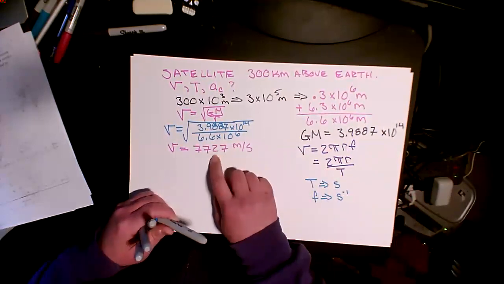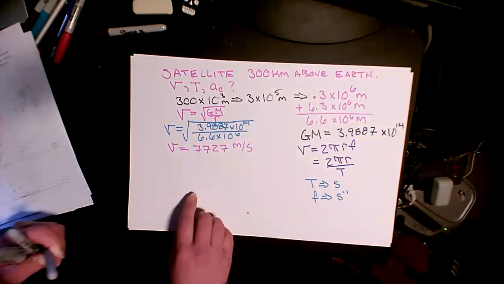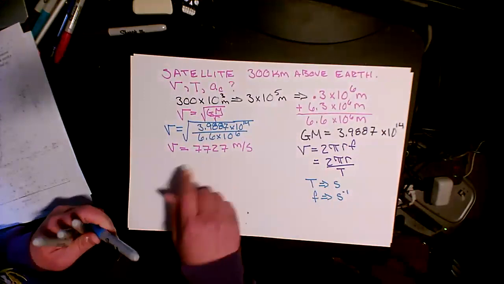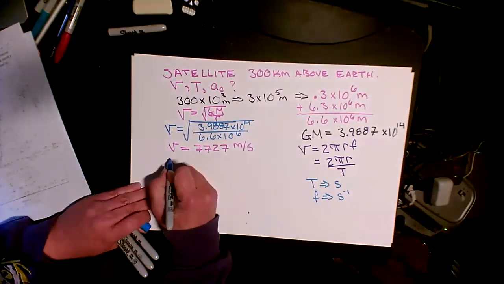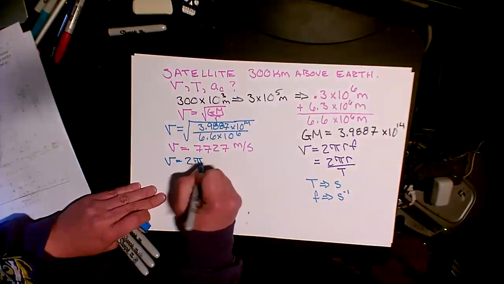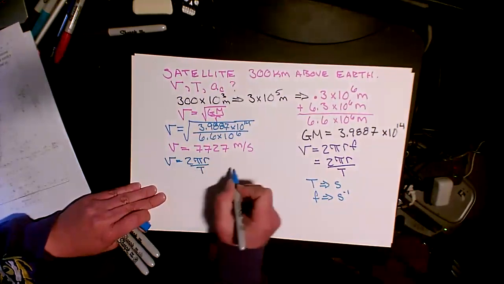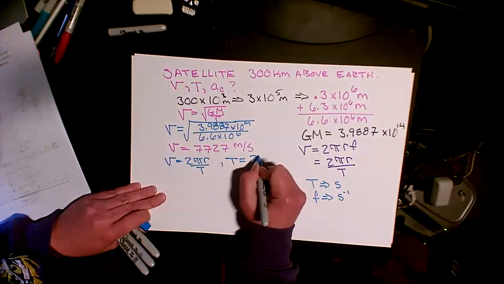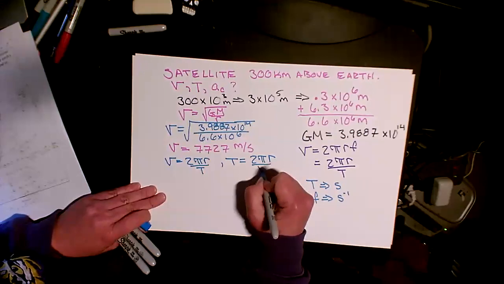But I look over here, I have velocity, and I want to get to period. So let's see, I can go straight from here. I can go that V equals 2 pi r over period, or then period equals 2 pi r over velocity.